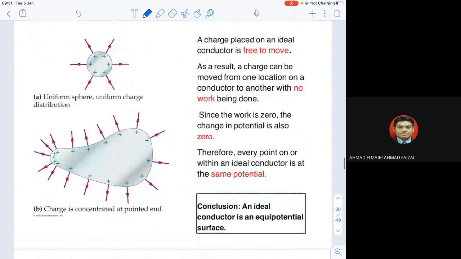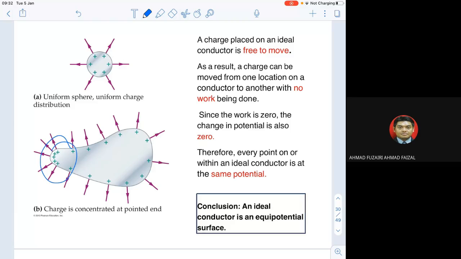This is the difference between a pointed conductor and a uniform sphere with a uniform charge distribution. This is in terms of distribution. You can see that the charge at the pointed end of the material will be denser, more concentrated at the pointed end.